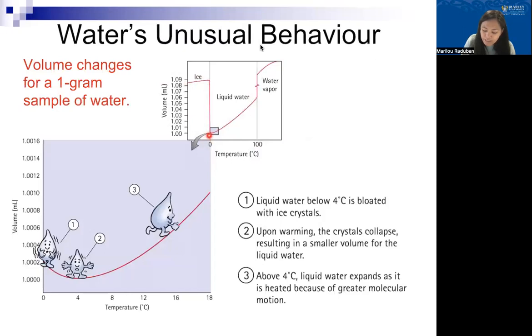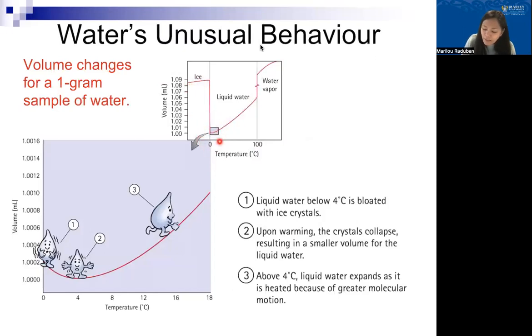Suddenly the volume of ice increases before it again starts to decrease as the temperature continues to decrease. So there's this unusual behavior around the freezing point, 0 degrees Celsius.